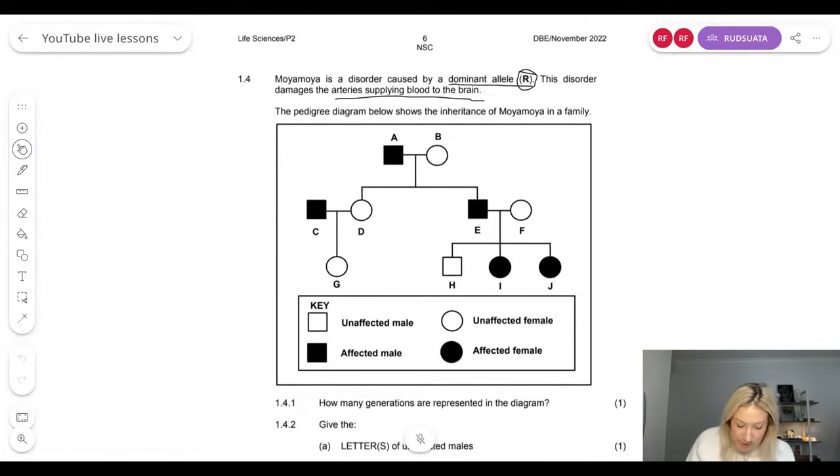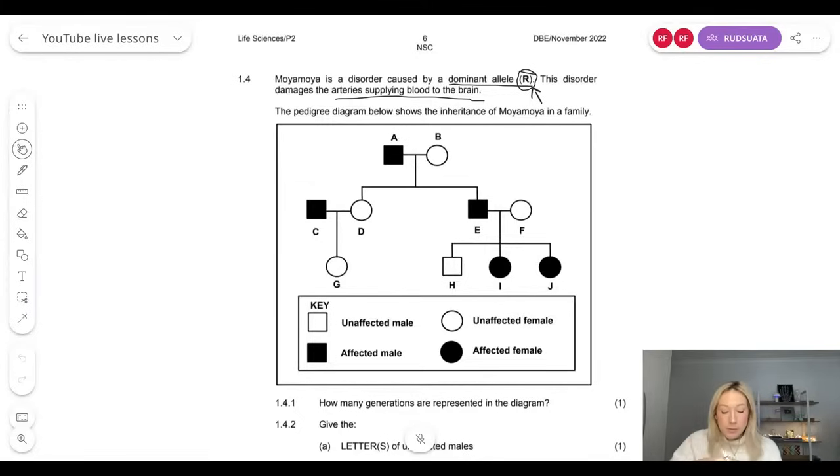And first things first, I am hoping automatically everybody knows this is not a sex-linked disorder, because they only gave us the letter R. There is no X with an R on it. They will tell you either that it's a sex-linked disorder, or they would have given you the X with the R in brackets, which they didn't, right? So don't stress about overthinking it. This is a dominant allele that causes this disease.